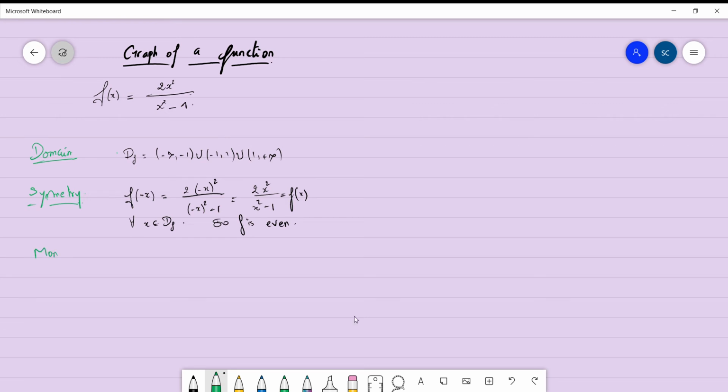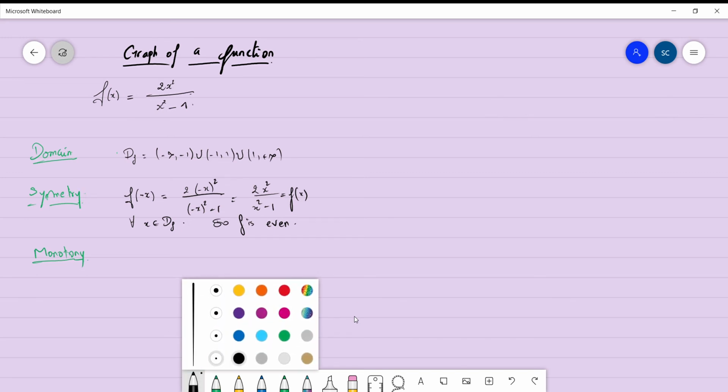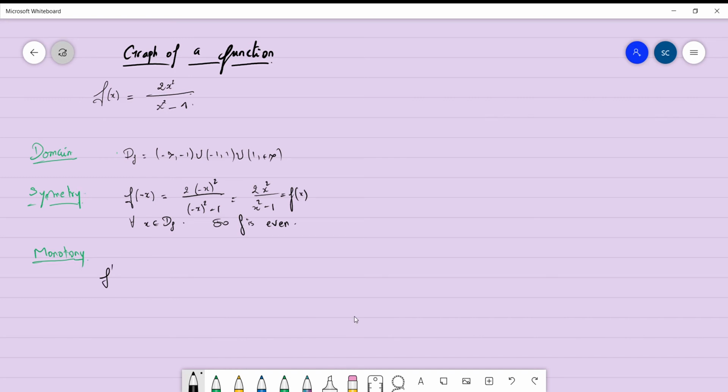Each time we will deal with the situation. So for the monotony, we need to compute the derivative. We have the derivative of a fraction. 2 is a factor, I can put it outside, so I need the numerator 2x times (x² minus 1) minus x² times the derivative 2x, over the denominator (x² minus 1) squared.